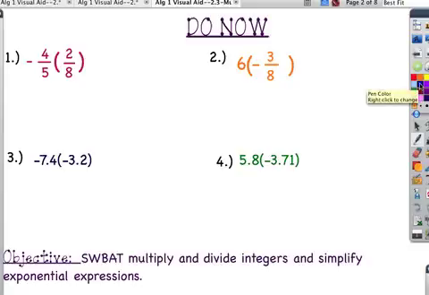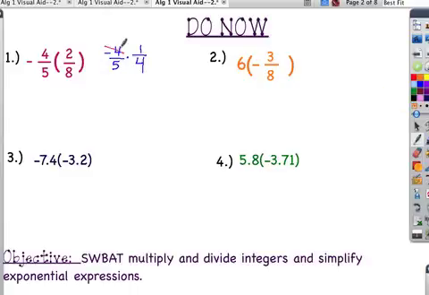Number 1, I know is going to give me a negative answer, since they are unlike signs. I can cross-reduce here, and I can even reduce the 2/8. So I'm going to begin actually by writing -4/5 times my 2/8 reduced, which is 1/4. And now I'm going to cross-reduce.